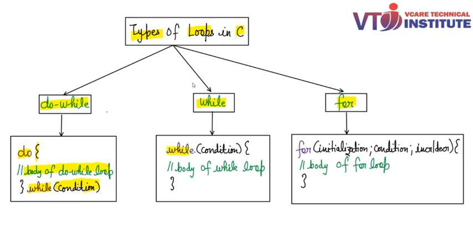Similarly in the case of while, the condition is mentioned inside the while brackets, and then the braces start the body of the while loop. Then there is a for loop, where we have the three conditions, initialization, termination, and increment or decrement, which we have already mentioned in our previous slide. Then the for loop body starts, and the braces end.